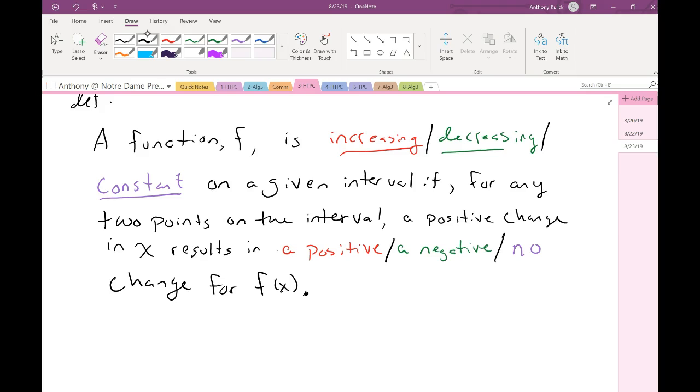Now, I want to be clear that we're not actually calculating the slope of that function, because a lot of these functions are curves that don't really have slopes because they're not straight lines. But if I pick 2 points on a section that's increasing and calculate the slope between those 2 points, not the slope of the function, it would be positive, negative, or 0. You guys get what I mean?